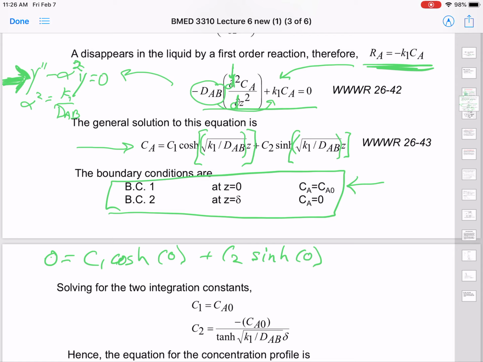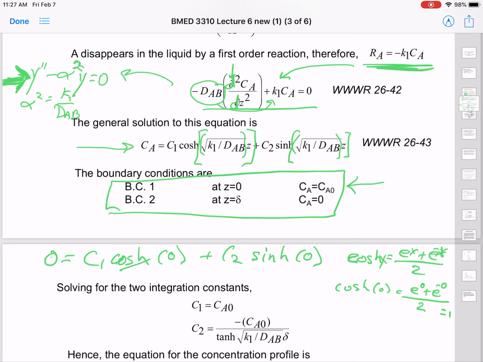Cosh of x is equal to e to the x plus e to the minus x over 2. So cosh of 0 is e to the 0 plus e to the minus 0 over 2. Anything to the 0th power is 1, so 1 plus 1 over 2, and cosh of 0 is equal to 1.